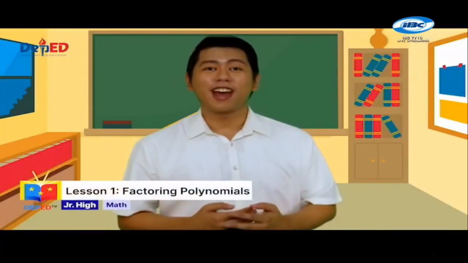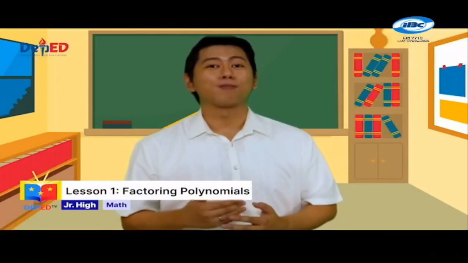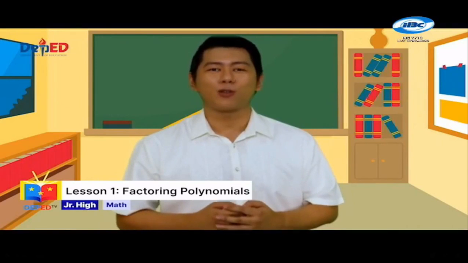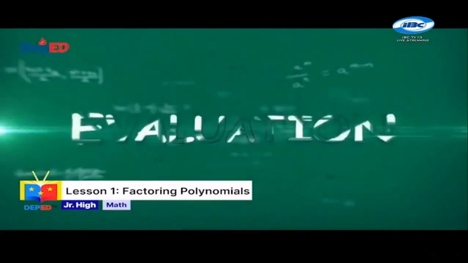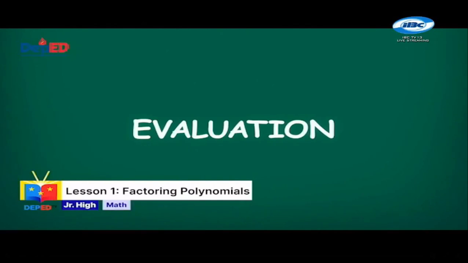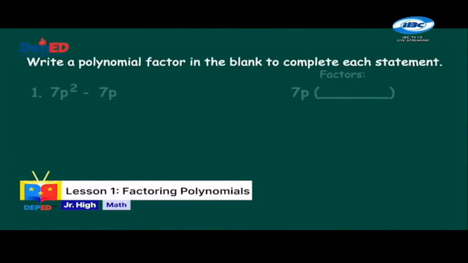Since we are near the end of our lesson, prepare your pens and your paper because it is important to evaluate what you have learned. I will give you 10 seconds to answer each item. Write a polynomial factor in the blank to complete each statement.